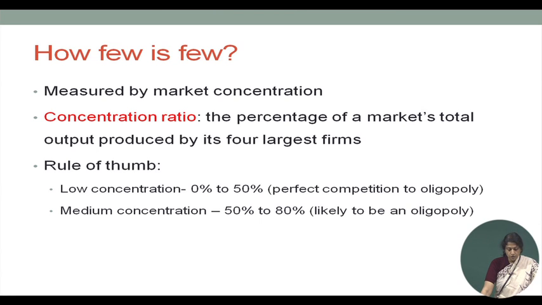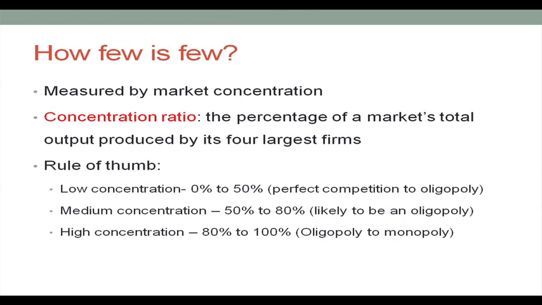And medium concentration is basically 50% to 80%, which is likely to be an oligopoly if the top 4 largest firms are producing 50% to as high as 80% of the total output of the industry. And very high concentration is 80% to 100%, which could range from oligopoly to monopoly. If it is 100%, then it is almost like a monopoly, and the monopoly that we defined when we discussed monopoly is a single firm.